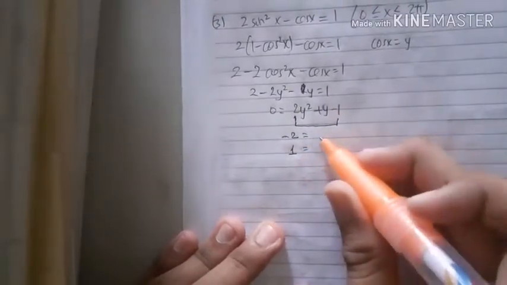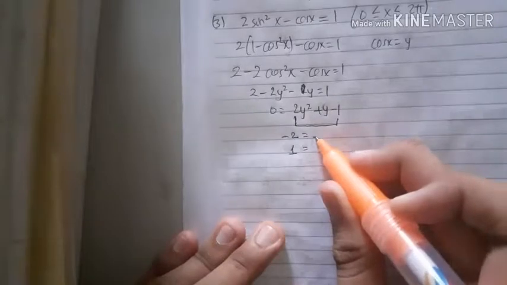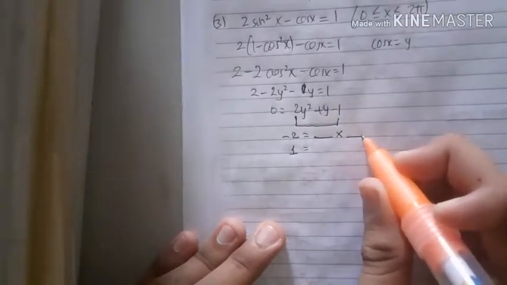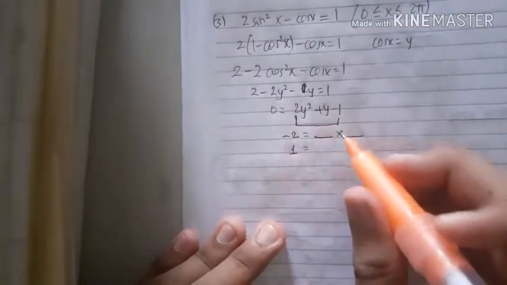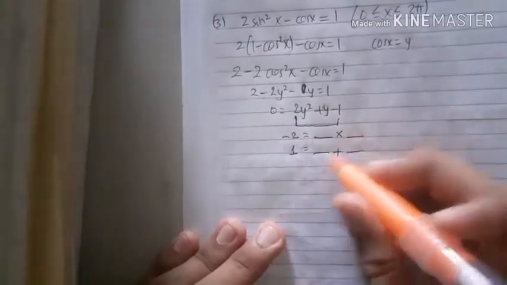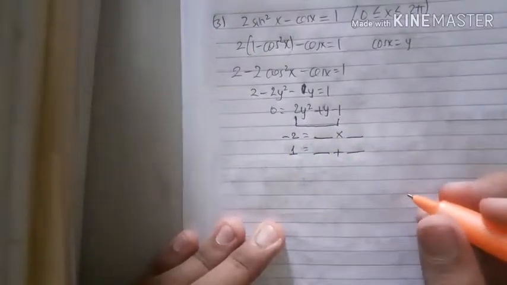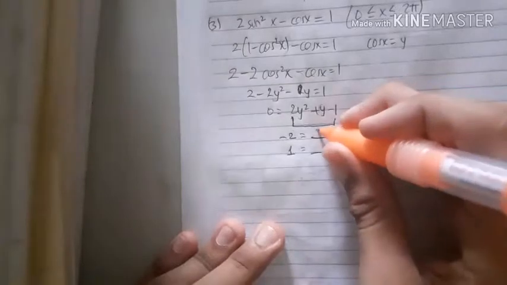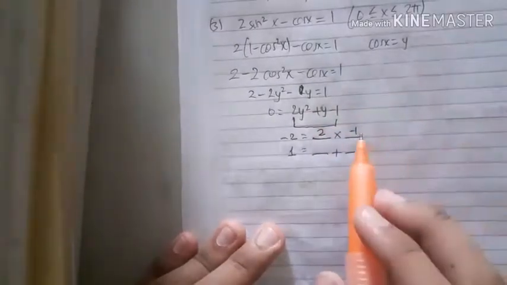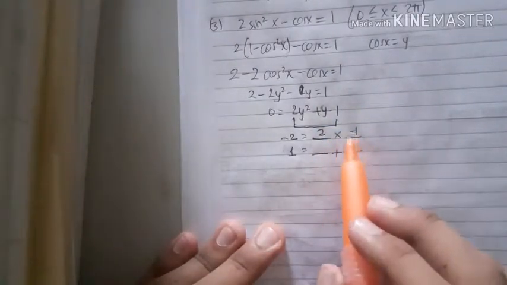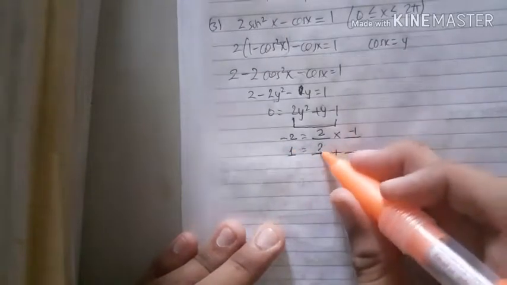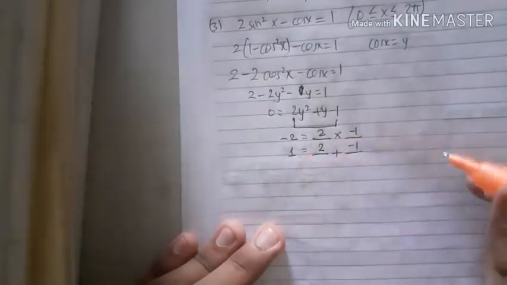Now you need to find two numbers which multiply to minus 2 and add to 1. Quite easy. That is 2 and minus 1, because 2 times minus 1 is minus 2, while 2 plus minus 1 is 1.